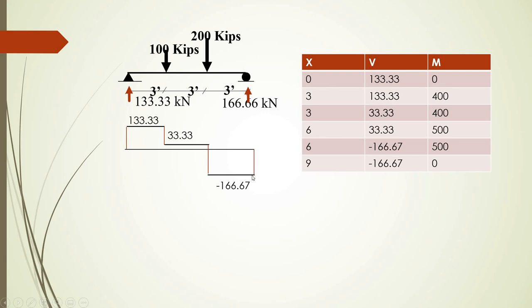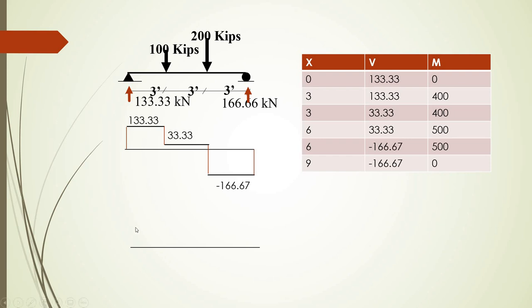The only way that can happen is when you add 166.67 to this, and that means there must be an upward going force of 166.67 at this point, which is there. So this justifies, and this is how you would check your diagram is correct or not. You should also notice that this value is equal to the reaction here, and this value is equal to the reaction here. Now let's move on to the bending moment diagram.